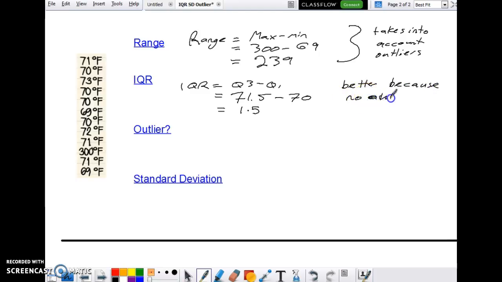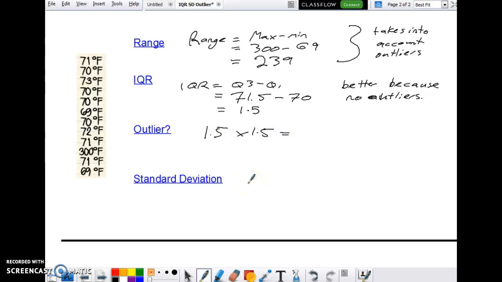Now, let's actually see if we've got any outliers. Remember I said that an outlier is something that is over 1.5 away from Q3 or Q1. Here is our interquartile range, 1.5, and we're trying to find out what 1.5 times that is.